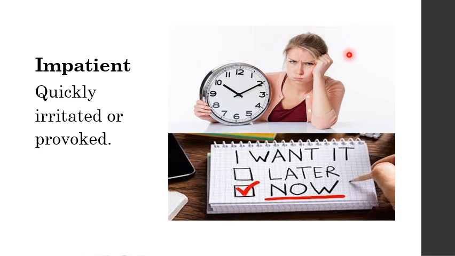If you want to get something, you want to get it now. You don't want it later. You don't want to get it tomorrow. If you want it now, you want it now. All right, so that is impatient. So maybe it's not good behavior.